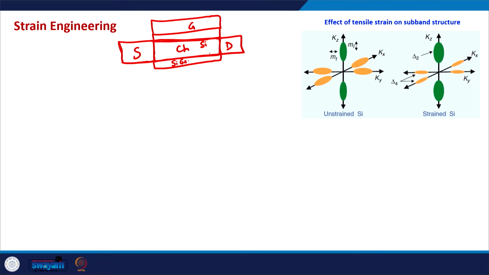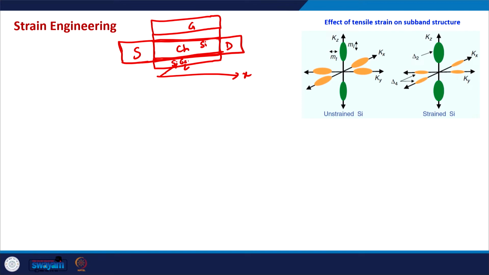So, what it does is that at the interface, or up to a distance in silicon, the lattice constant of silicon is modified according to the lattice constant of silicon germanium. Generally, the lattice constant of silicon germanium is greater than that of silicon. So, it essentially applies a tensile strain in x direction as well as in z direction, and that is why it is known as the biaxial strain.